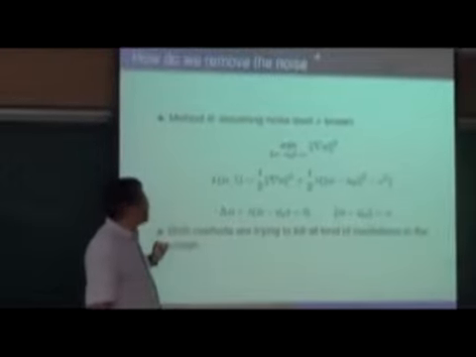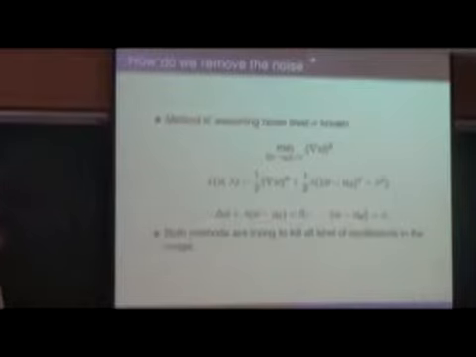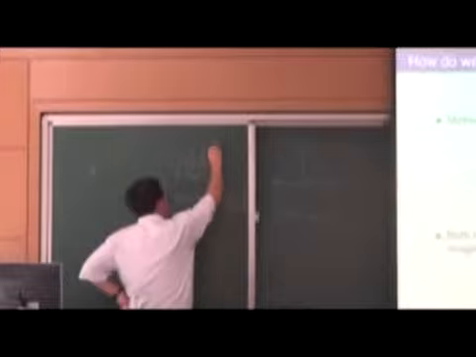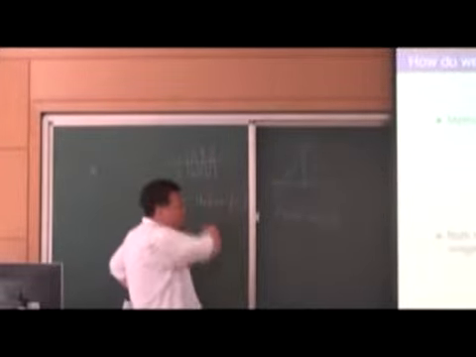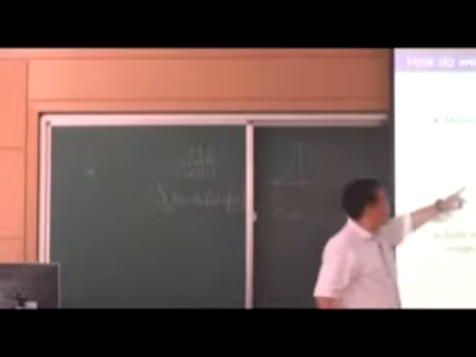I don't know if there exists a standard definition for noise. A noise is something which is very oscillatory, right? And if something is very oscillatory, that means the gradient is very high.